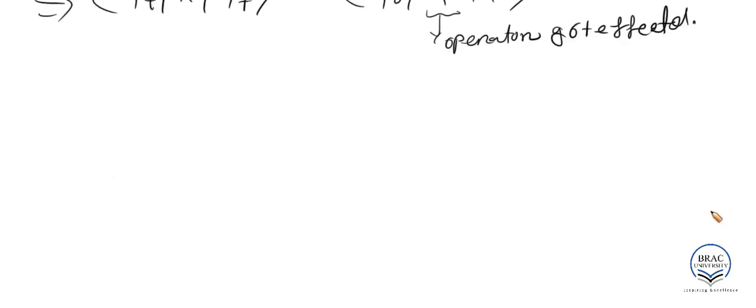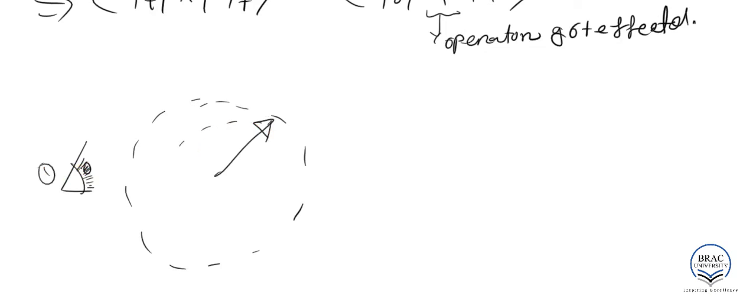Because if I try to draw a picture, let's say this is some circle and one observer is seeing from the outside. Okay, this doesn't look like an eye. Okay, this is observer 1, let's say, and there is a vector, it's rotating, let's say. So this is like the active transformation, where there is an operator that is making the vector rotate, and this will correspond to an active transformation.